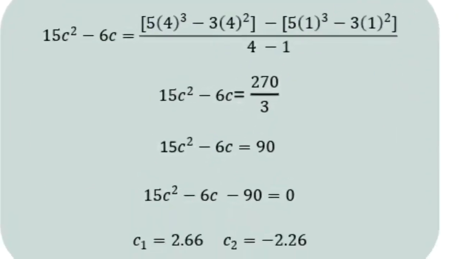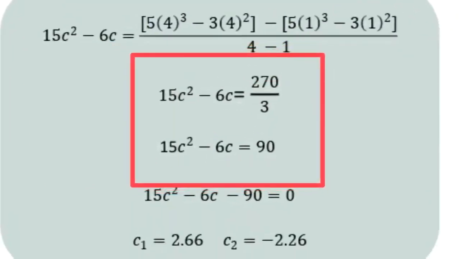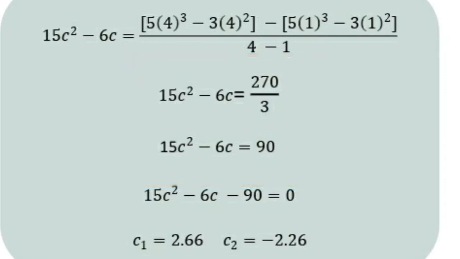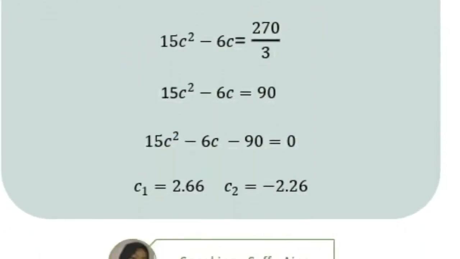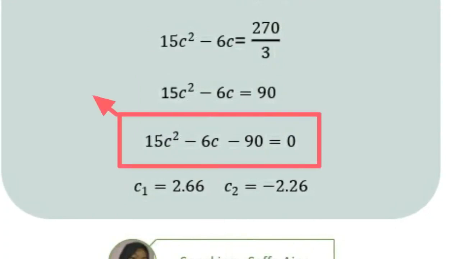After that, we will get 15c squared minus 6c equal to 270 divided by 3, which is then equal to 90. Finally, we will get 15c squared minus 6c minus 90 equal to 0 as our final equation.